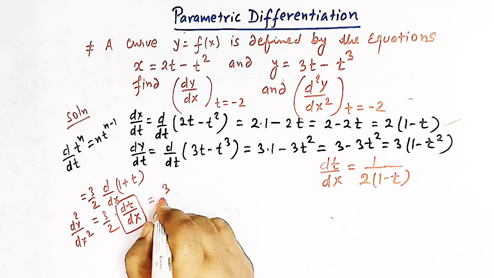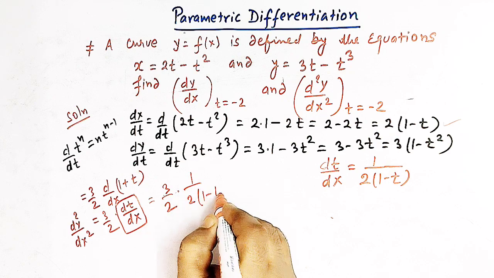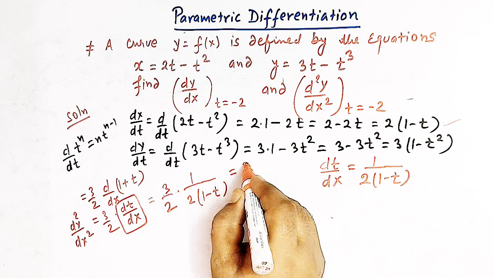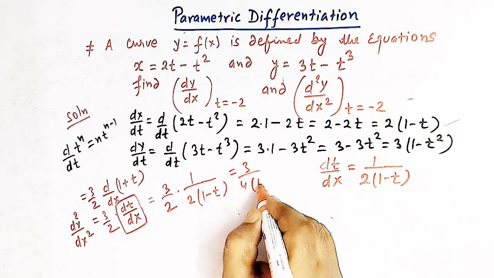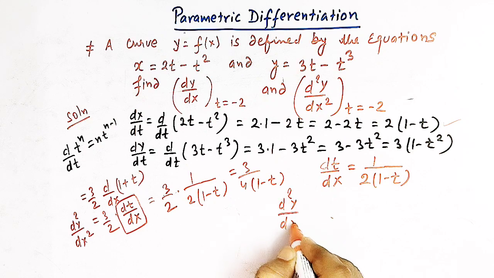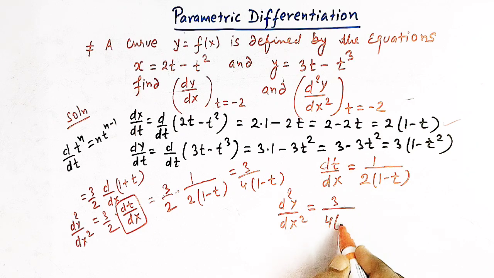So we have 3 by 2 times 1 over 2 and (1 minus t). So this is 3 by 4, and here we have (1 minus t). So the second derivative, that is d2y over dx2, is 3 over 4 times (1 minus t), right?